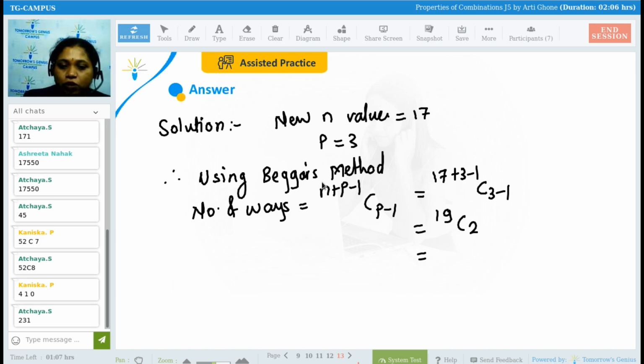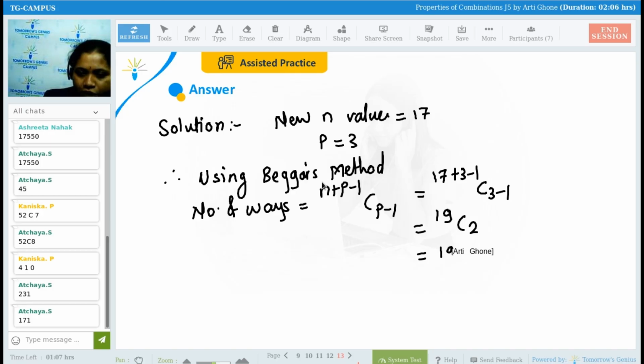Have a smile on your face. You are solving a JEE 2023 question with the Beggars method, and very quickly, in fact. So it is 19 into 18 divided by 2.